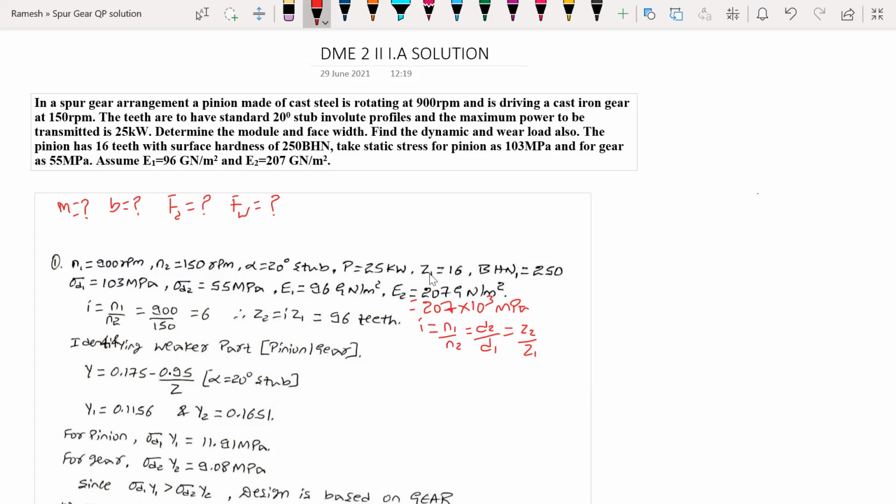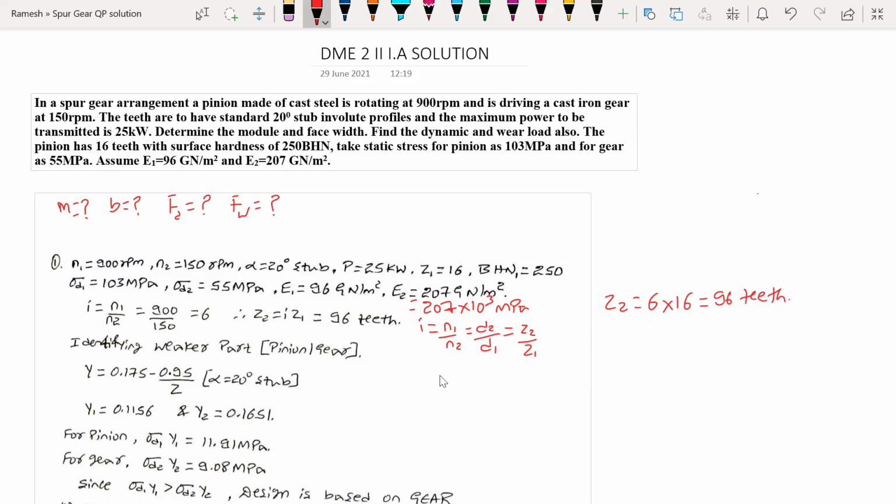On the pinion, it is given, it is 16, and I calculated the speed ratio. I is calculated as 6. Substitute both the values. Therefore, Z2 is equal to I is 6 into Z1 is 16. 6 into 16, you will get it as 96 teeth. Z2 is calculated as 96 teeth.